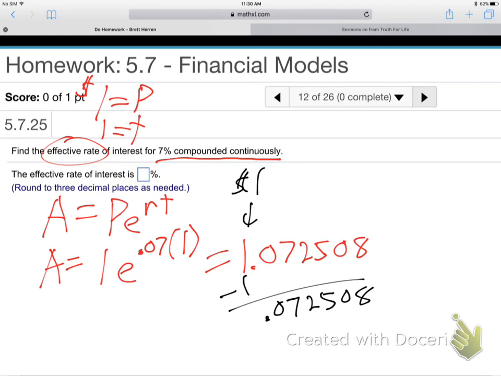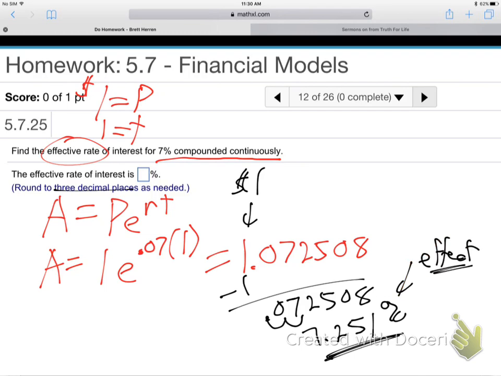Change that decimal back to a percentage, move it 2 places. 7.251%. So that's the actual effect of a listed 7% continuous. 7% continuous really makes your money grow by 7.251% every year. That's what will really happen to every dollar every year. Make sense? It's the effect.